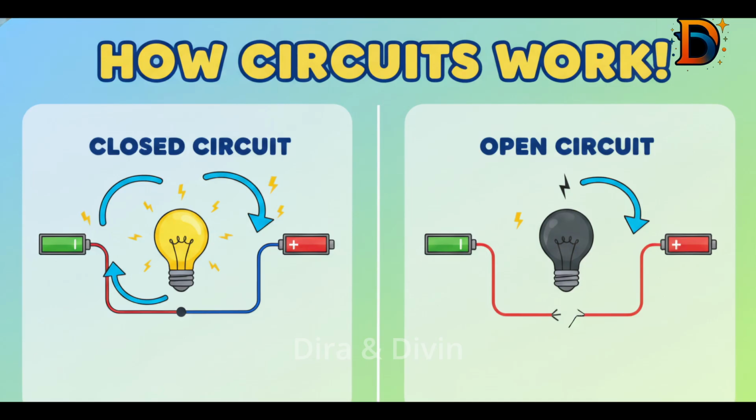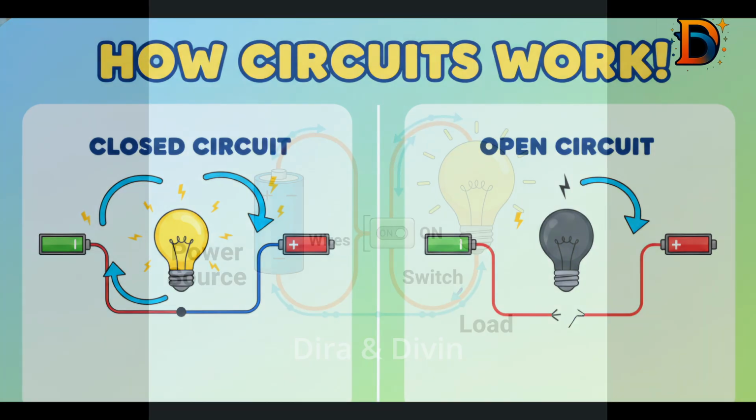But if the drawbridge is up, cars can't cross. That's like an open circuit. When a circuit is open, perhaps because a switch is turned off, the path for the electrons is broken and electricity cannot flow. That's why your light bulb won't turn on if the switch is off.